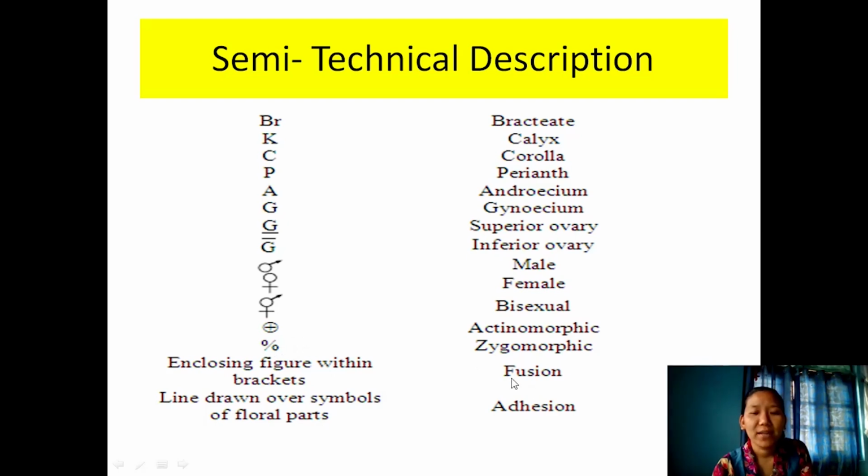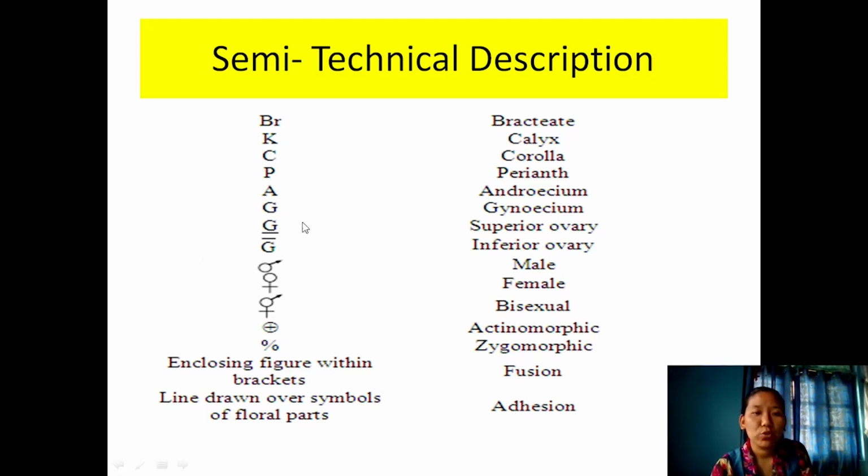And then, if there is any fusion or addition, we can also show it. For example, if there are five petals here, we just write C and 5. If it is gamopetalous, that is fused, then we put the 5 inside a bracket. If it is polypetalous, we just write 5.